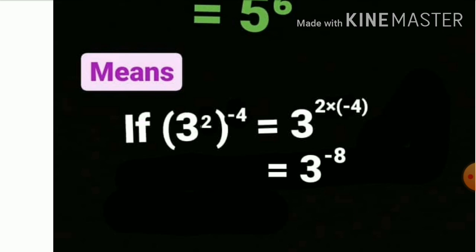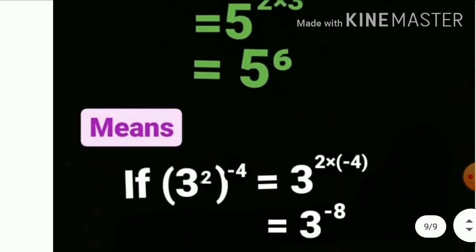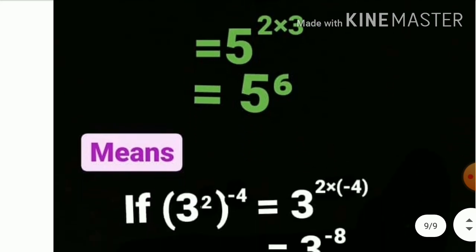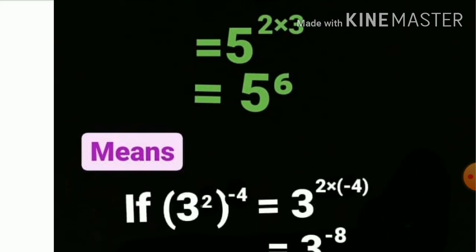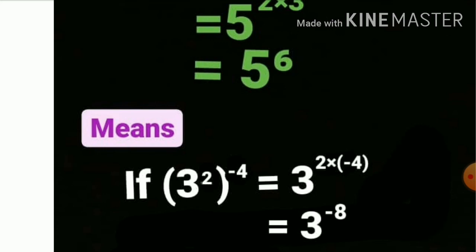So 2 multiplied by 4 is 8, and plus minus is minus. So it gets -8. So 3^(-8). So this was our last law. All these laws you have to remember, and based on those laws only there will be sums for you to solve.